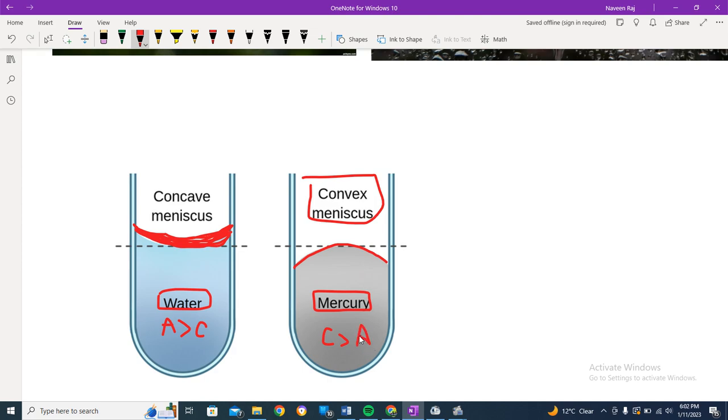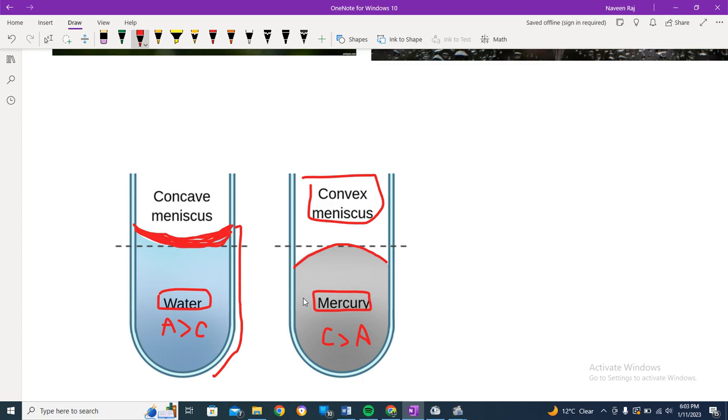As I told you before, the attraction of water or any other liquid with any other surface is known as the adhesive force, and here the adhesive force is greater. You can see the contact area between the flask and the water is still at this level. The cohesive force is the attraction inward, between the molecules.